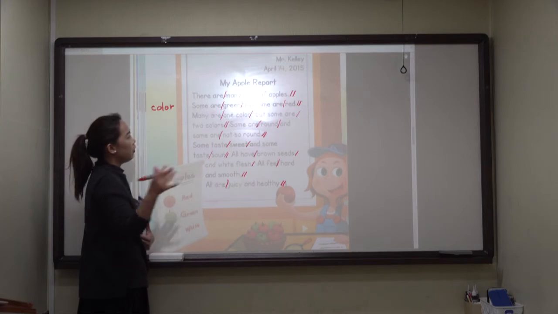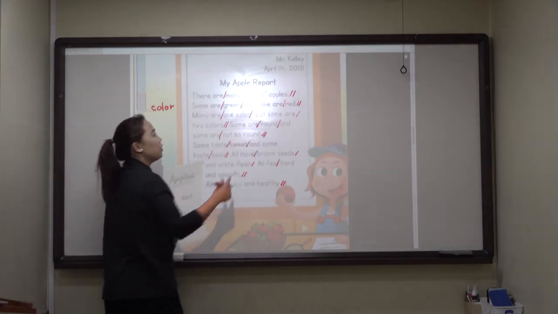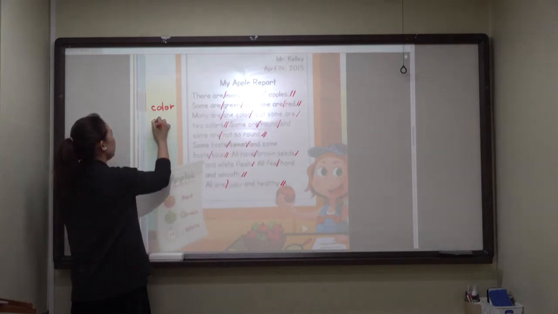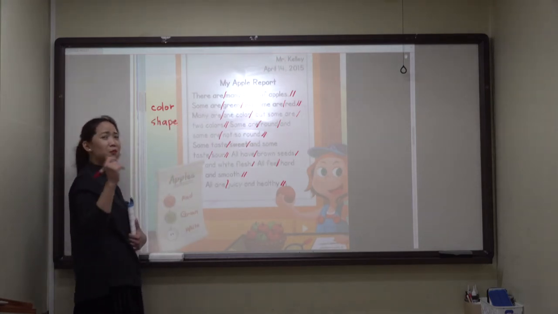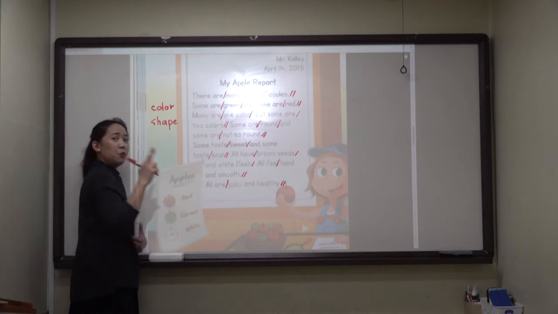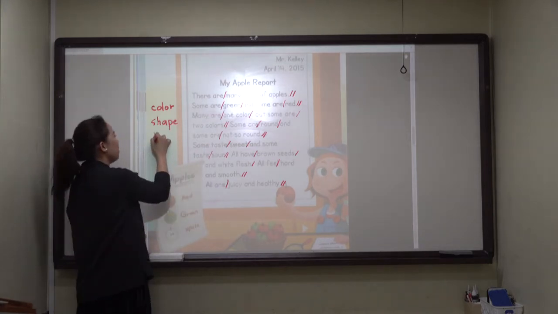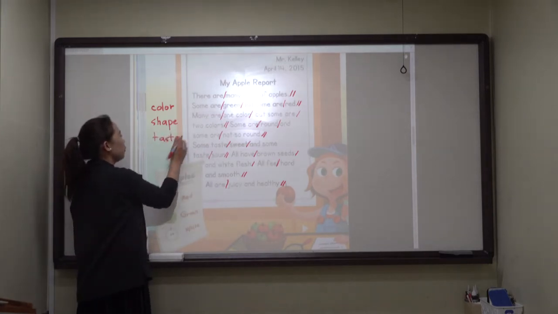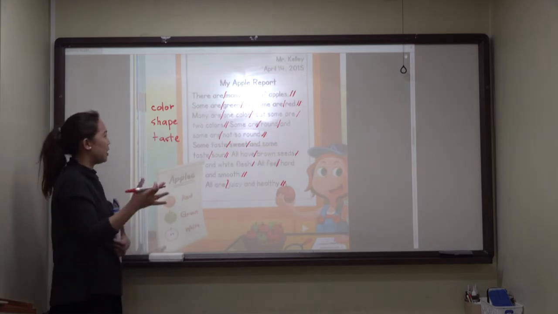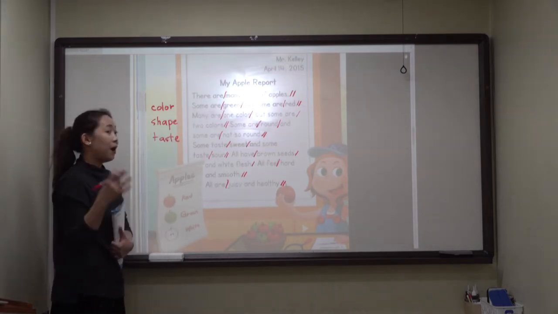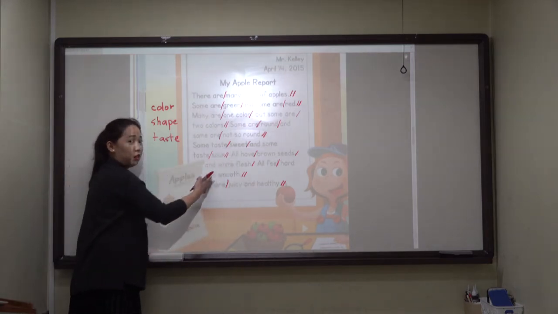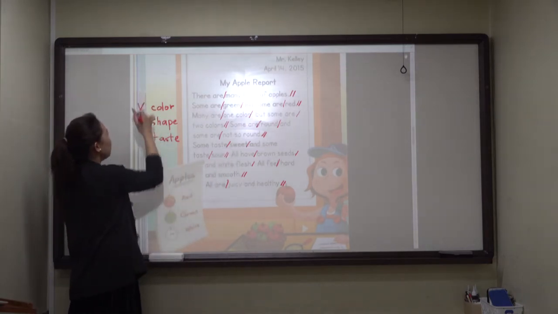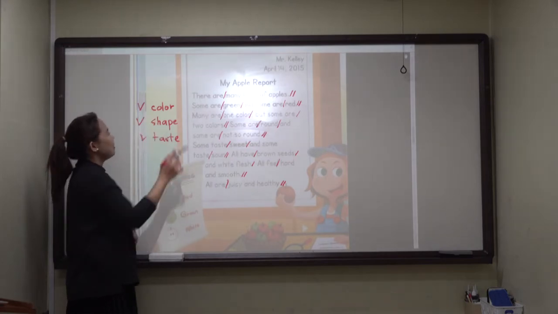We're talking about the shape. Very good. Some are round and some are not so round. And what is the next one? Taste. Another kind is depending on the taste. Some are sweet and some are sour. Let's talk about the color, the shape, and the taste.